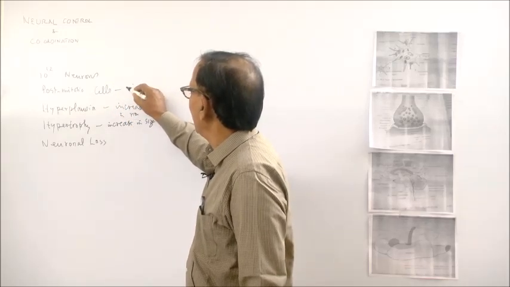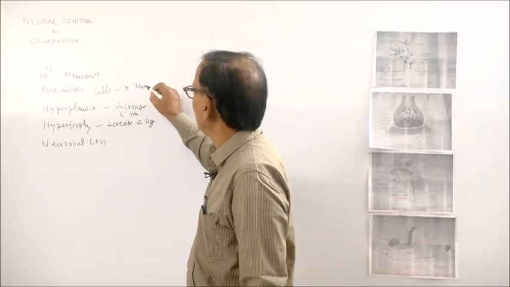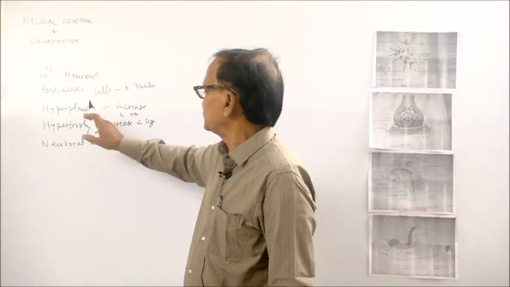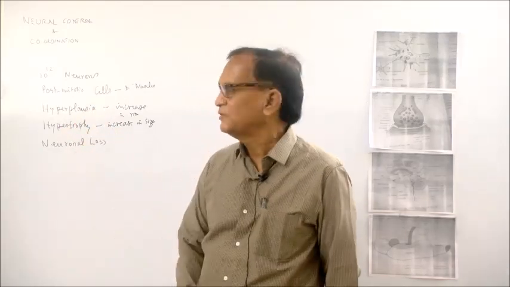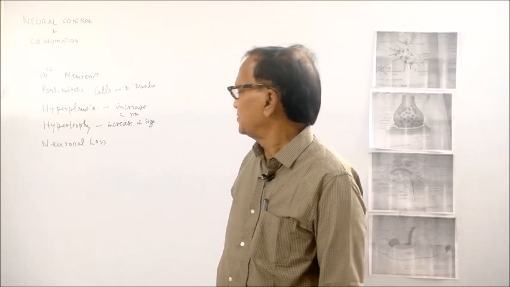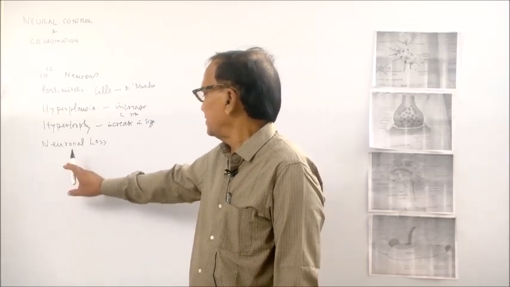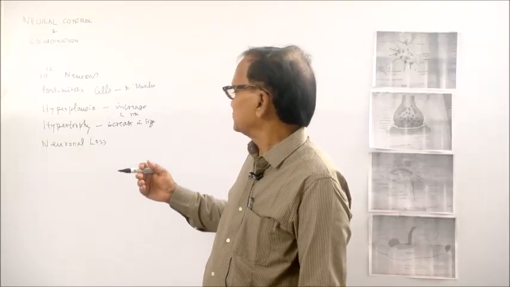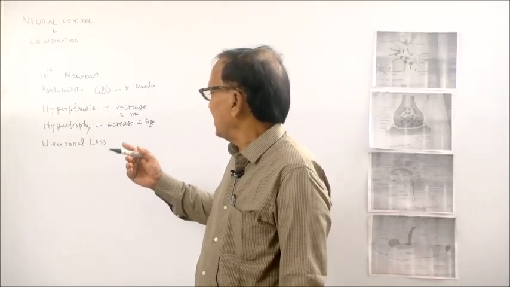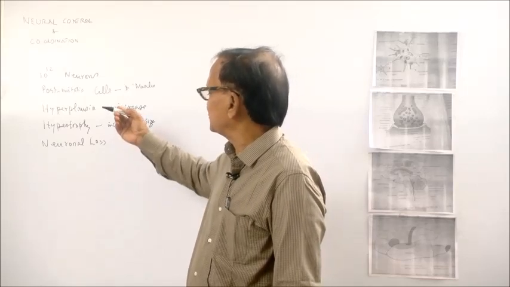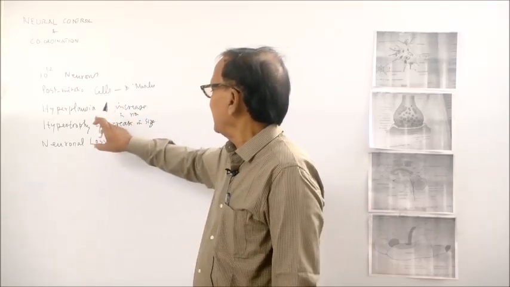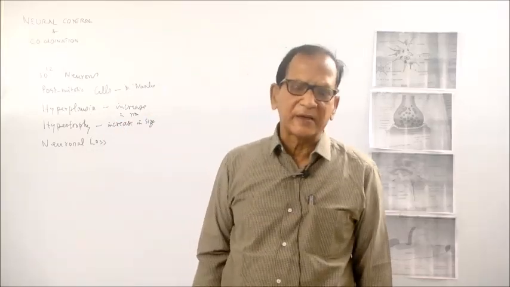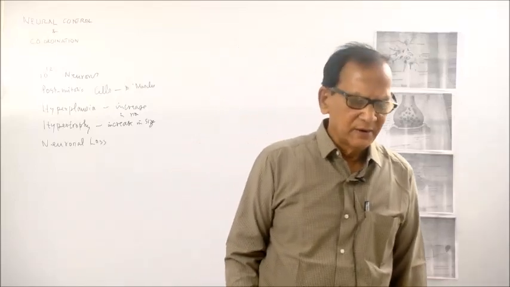So neurons and muscles belong to the category of post-mitotic cells, in which there is no hyperplasia after birth, there is only hypertrophy, and in fact there is neuronal loss. Any loss of this number either in the neurons or in the muscles is irreparable. That means the loss cannot be made up.